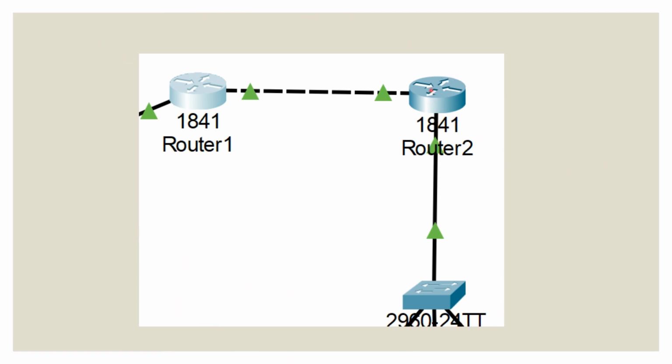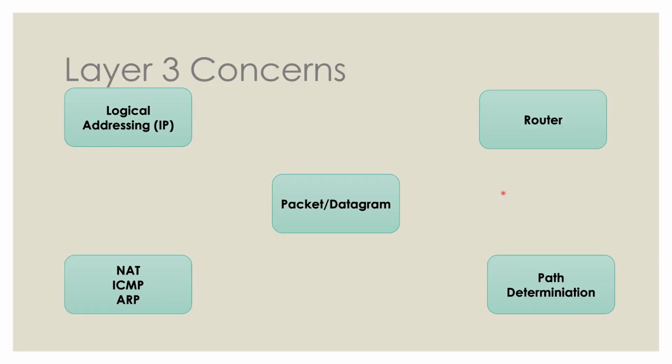So we've got two routers that can communicate with each other, and then a switch that's connected to one router, which is depicting how a local area network can use a router that will have a default gateway that allows them to connect to the outer world from the LAN. This will be a WAN, this will be a LAN, and this is possible through the third layer, the network layer of the OSI model.